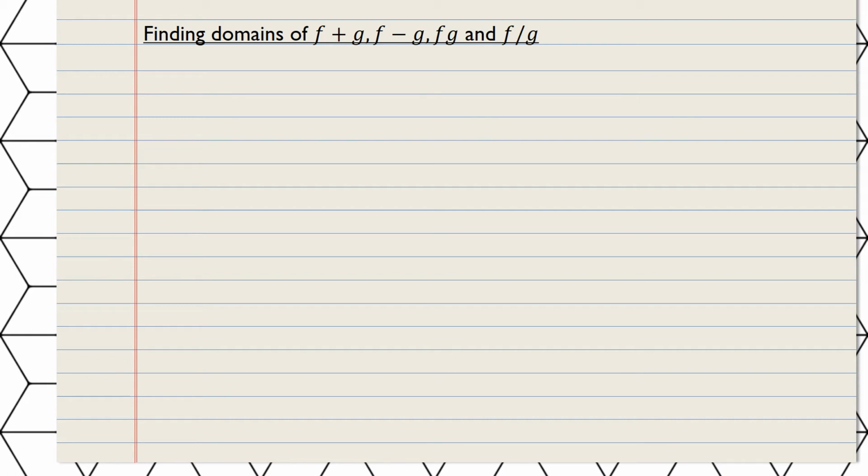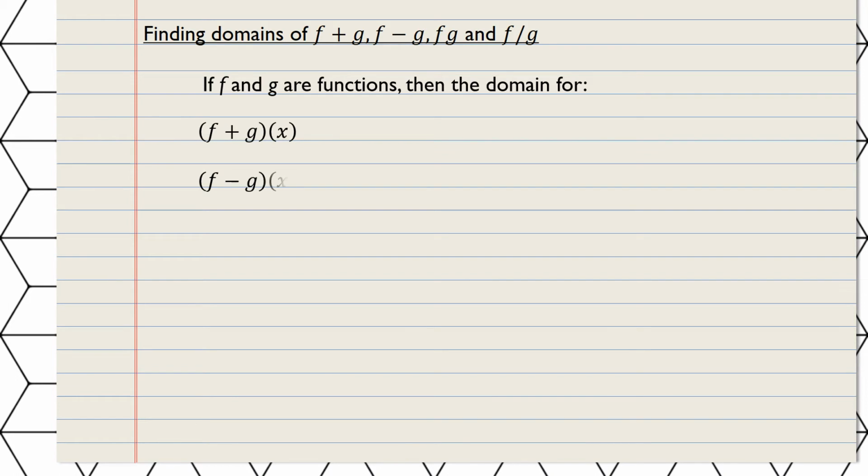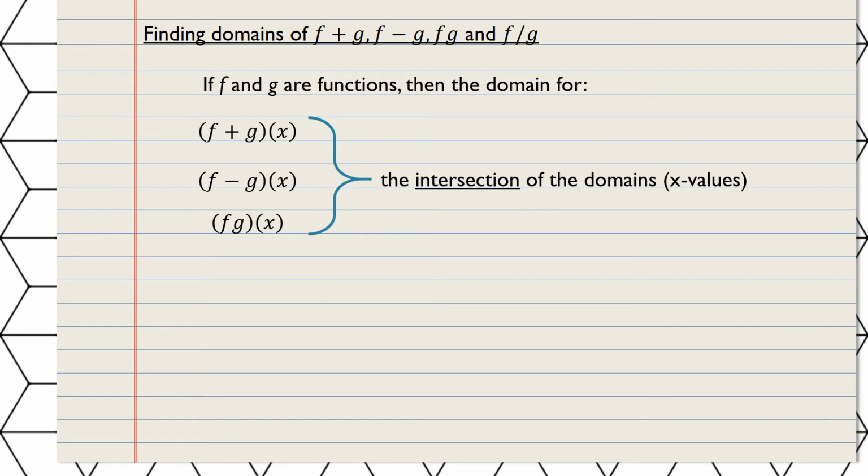Now, we've talked about adding, subtracting, multiplying, and dividing functions. Now we're going to find the domains of these operations. And so, if f and g are functions, then the domain for f plus g of x, f minus g of x, f times g of x, the domain will be the intersection of the domains.